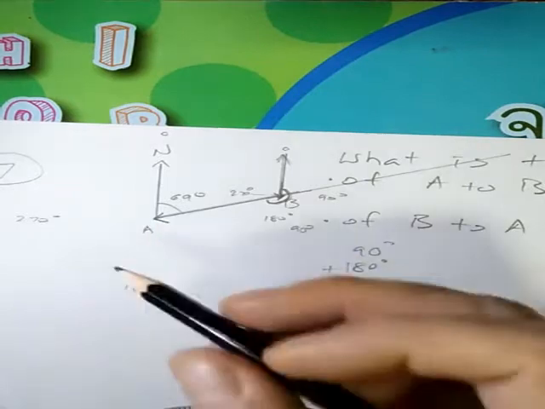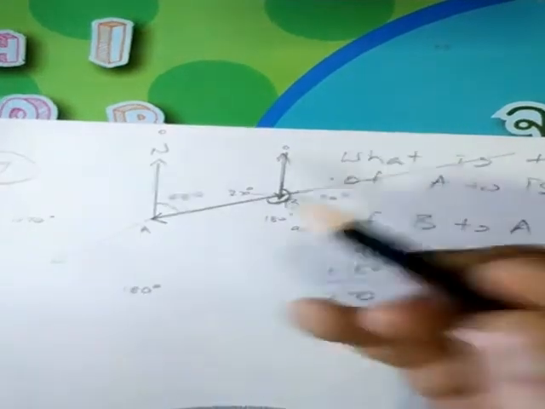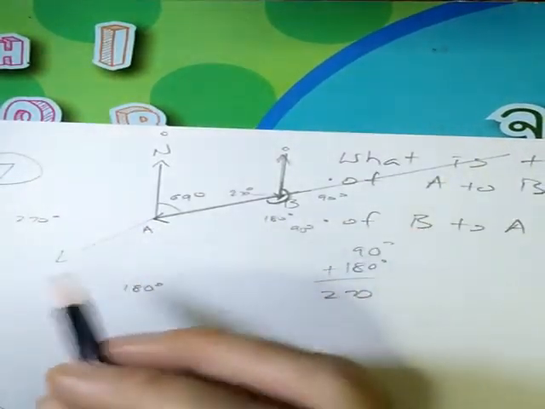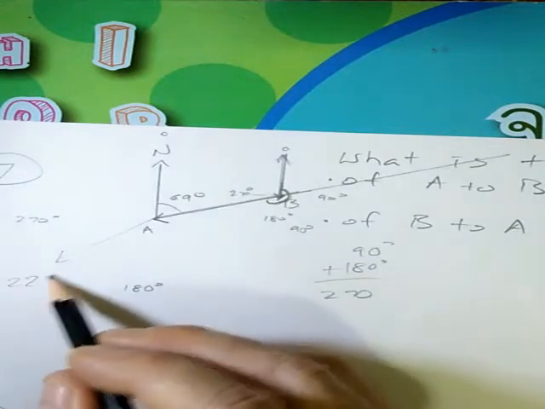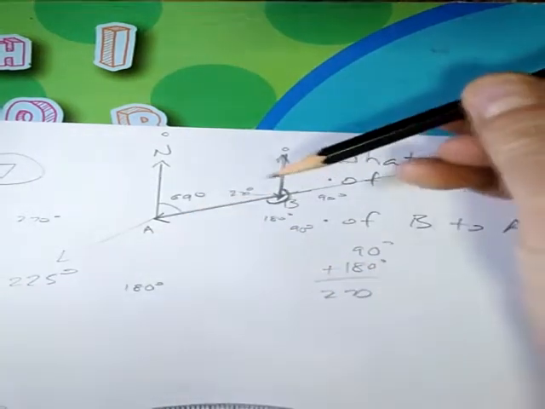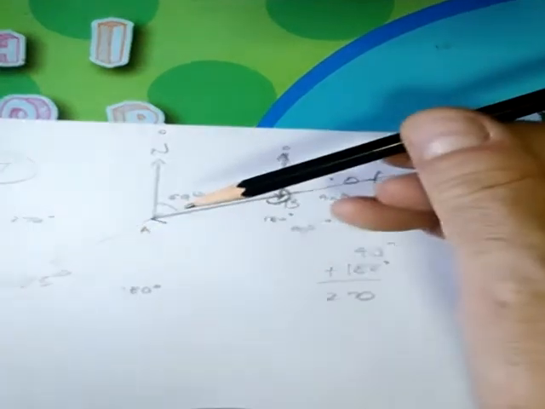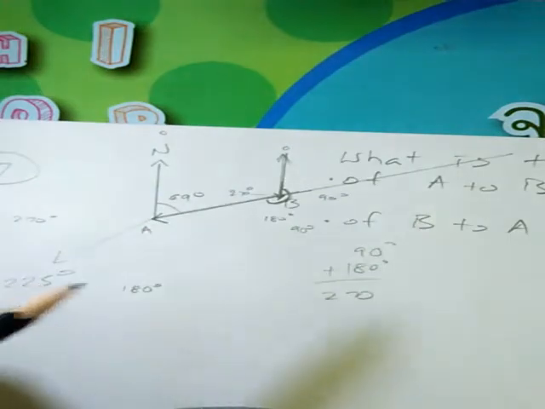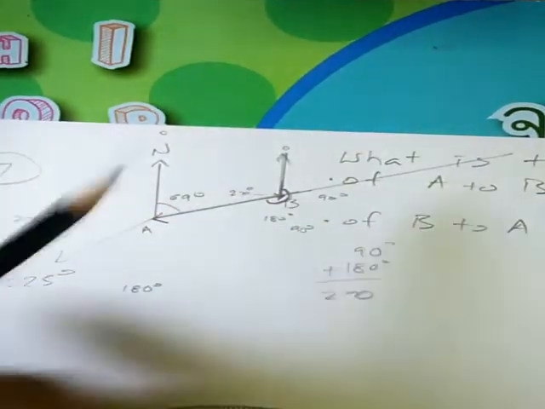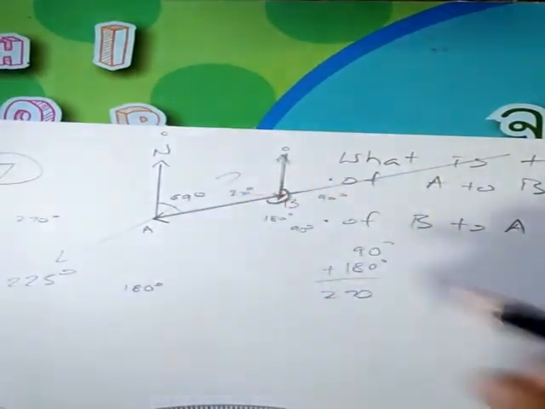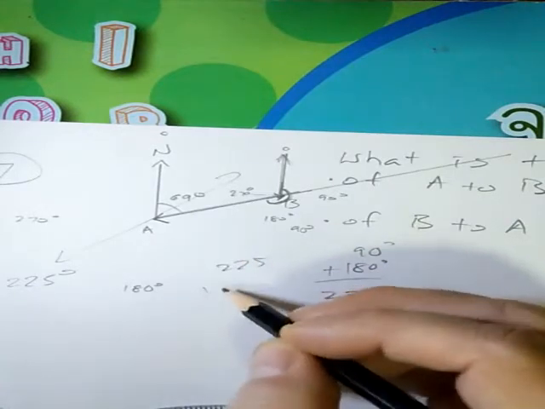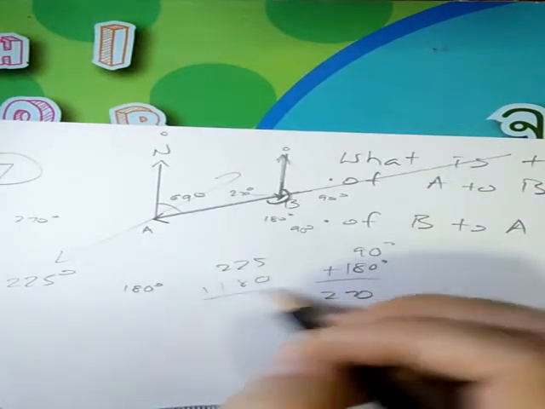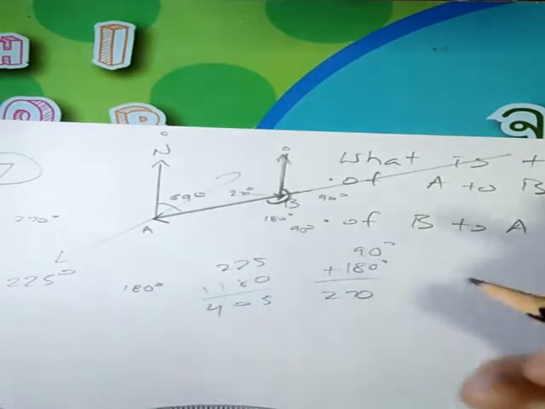So if your original heading, say, was here, and we'll call this 225, if I was heading on a bearing of 225, which would be southwest, and then I were to turn around and go the opposite direction, well, 225 plus 180 is 405.